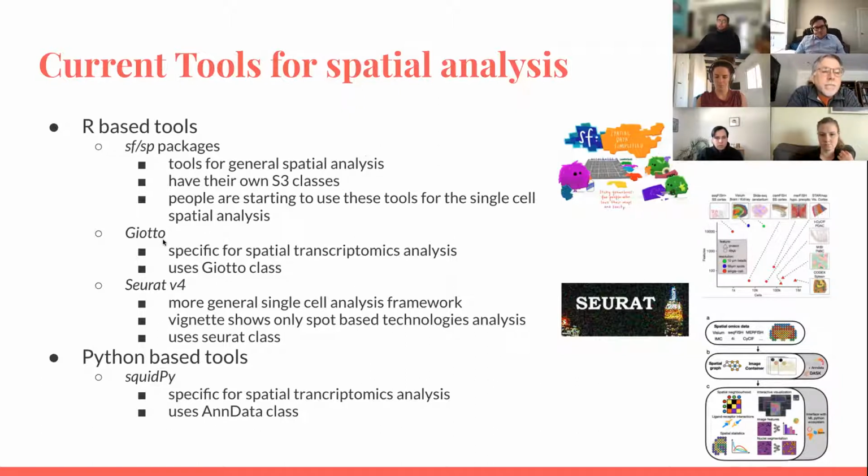There is this Giotto package, which is specific for spatial transcriptomics analysis. They provide several vignettes and examples with several technologies, not just spot-based, not just the 10x Visium, for example, but also some molecule-based technologies.